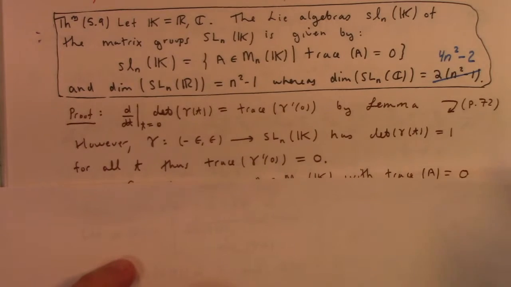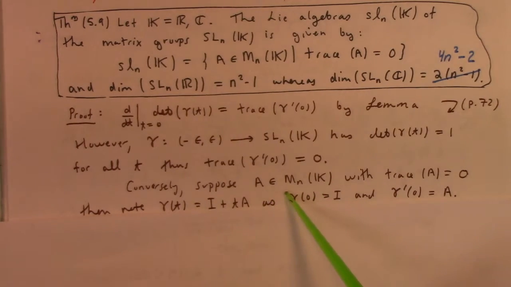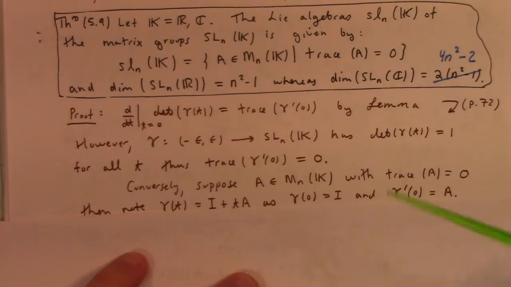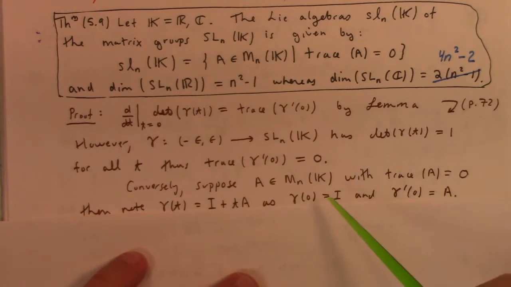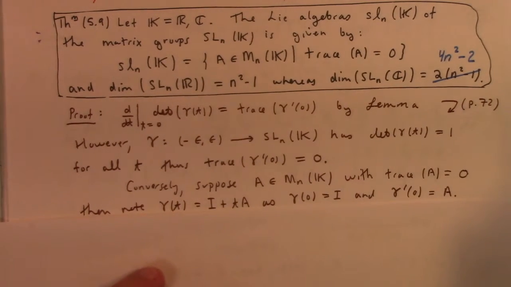Now you say, well, are you sure you can construct such a curve? Well, that gives you one direction. We have to go the other direction as well, right? So suppose you have A in Mn, which is traceless. We'd like to show that such an A arises as the initial velocity of some curve, and that curve, of course, being in SLNK.